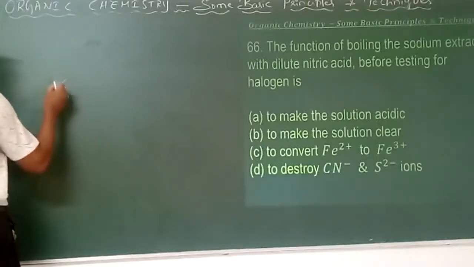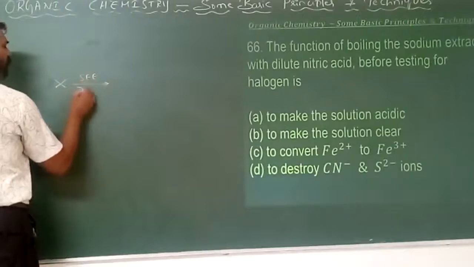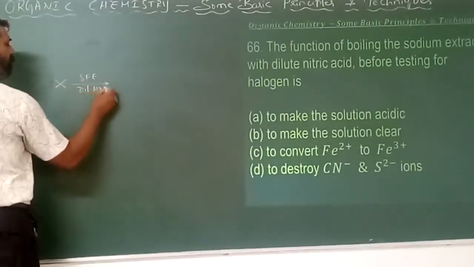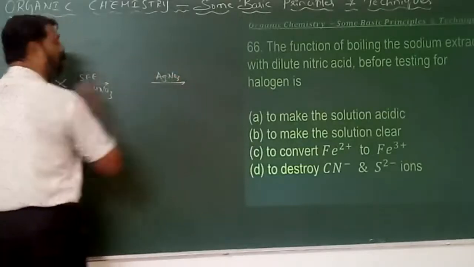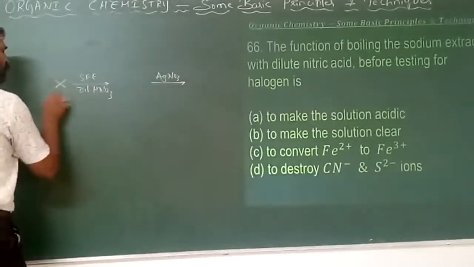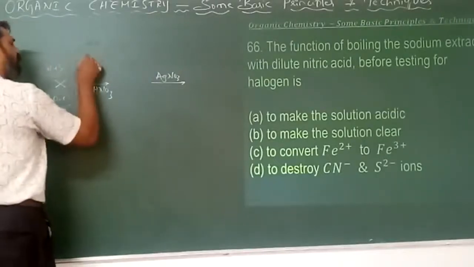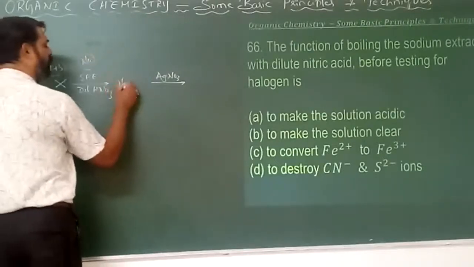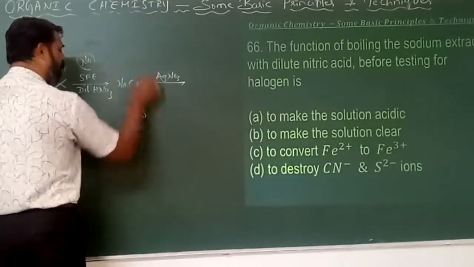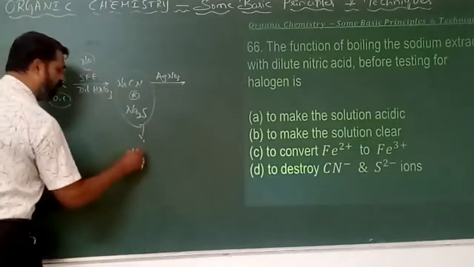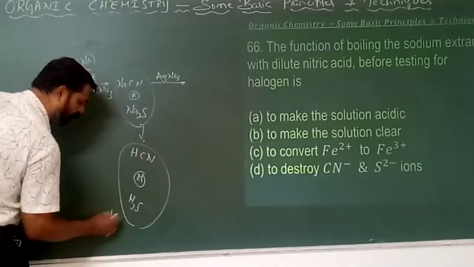Halogen has to be detected by treating the sodium fusion extract with dilute nitric acid, followed by silver nitrate. Because if the organic compound contains nitrogen or sulfur, they are present in the sodium fusion extract in the form of sodium cyanide or sodium sulfide. These are converted by heating with acid into HCN or H2S.